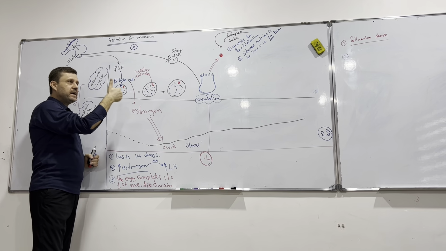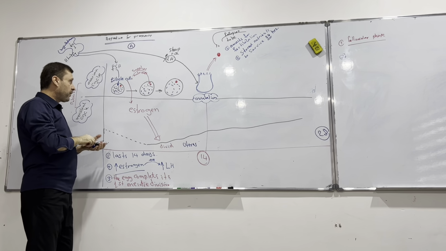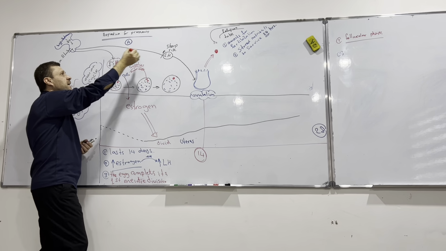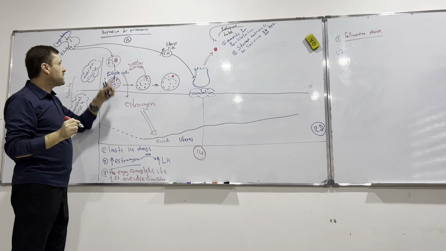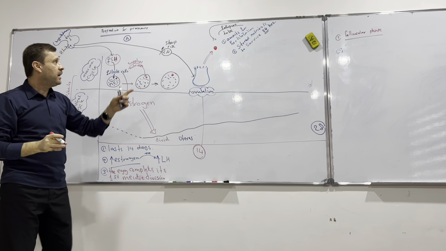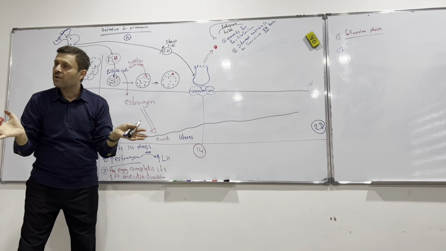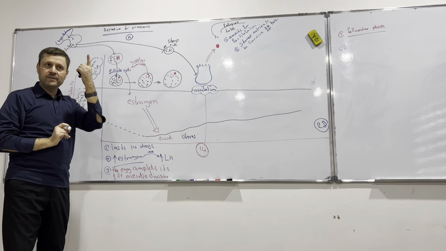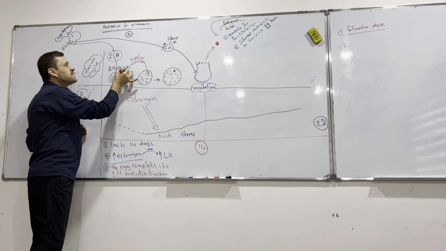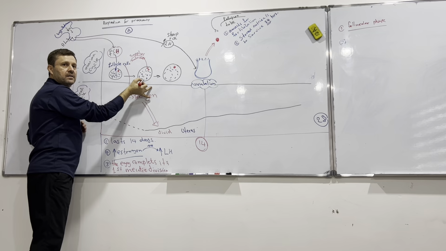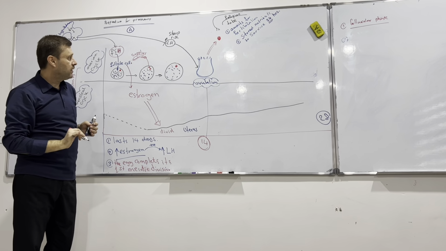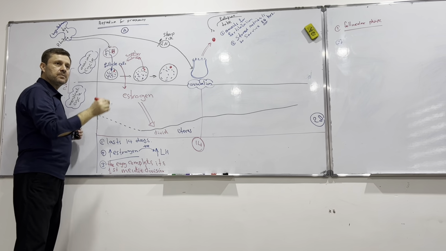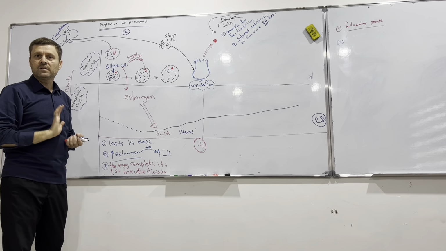It will be a target for both FSH and LH, because FSH causes the cells to divide and LH causes the cells to rupture, to burst. Right. Two, it supplies nutrients to the egg, also right. Three, it secretes estrogen during the first phase. All of them are right.